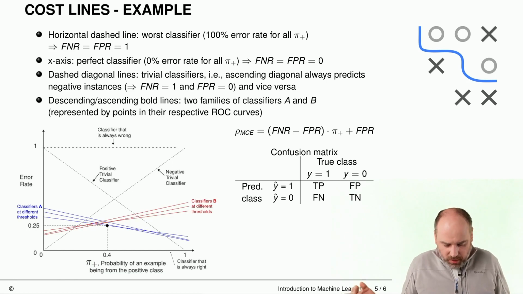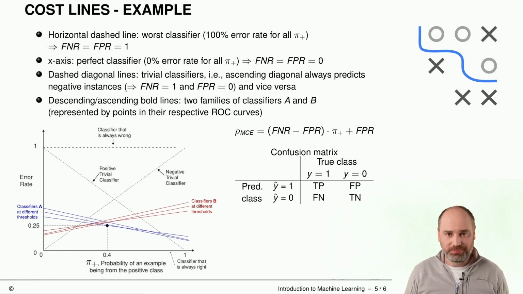So, and now for realistic classifiers that do something hopefully reasonable, you can see here a bunch of different lines for hard label classifiers that result from classifier A or B being thresholded at different values. And we now get these different lines.